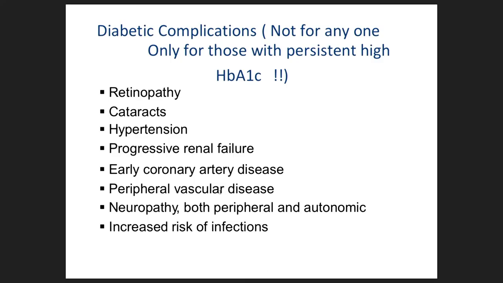When we come to diabetes complications, these are not for everyone, only for those with persistently high hemoglobin A1C. This is the message we should give our patients: if somebody is taking care of themselves, getting most of the glucose readings in range, eating a healthy diet, exercising, and following up with the doctors, the educator, and the dietitian, inshallah, the risk of complications is very low.